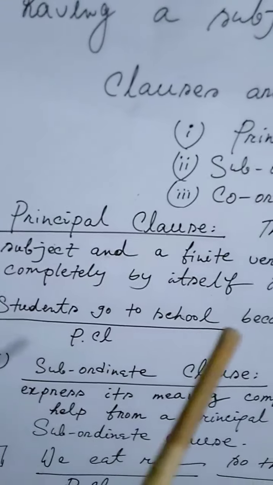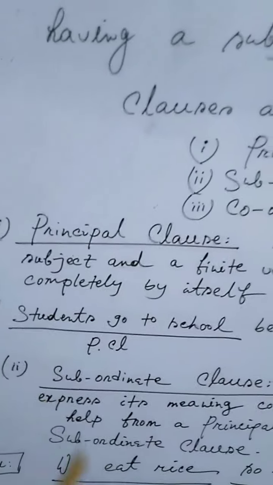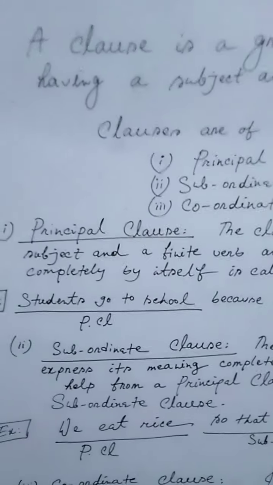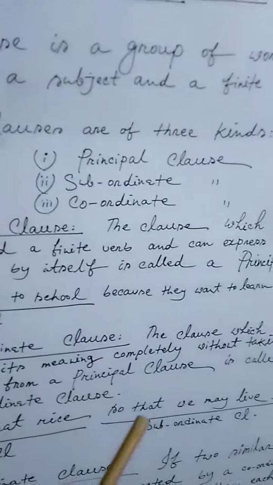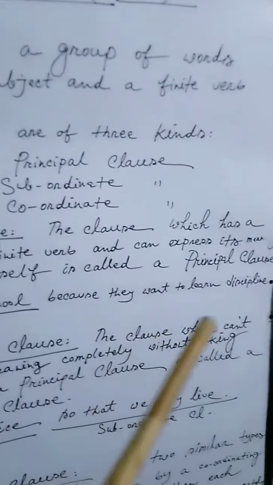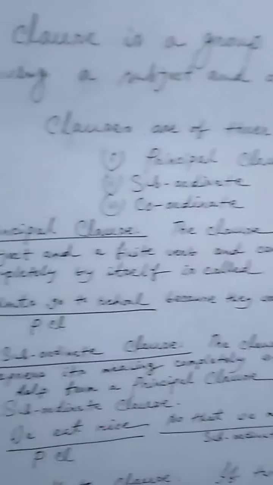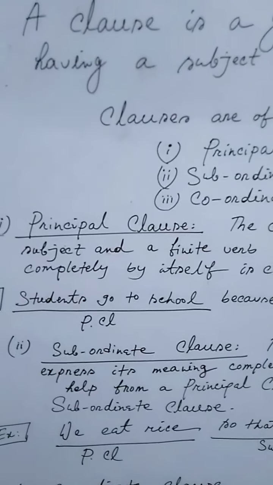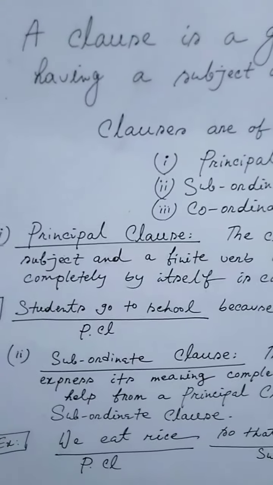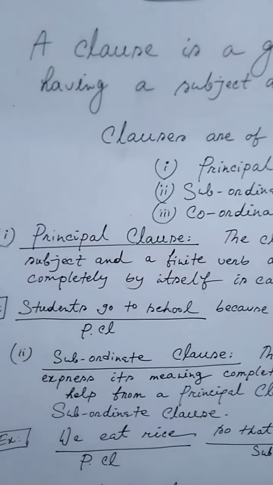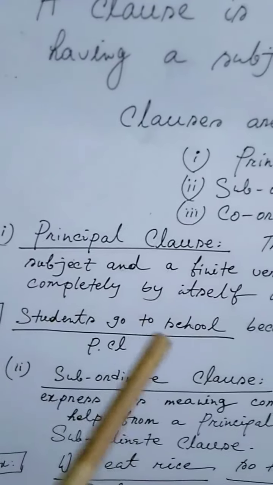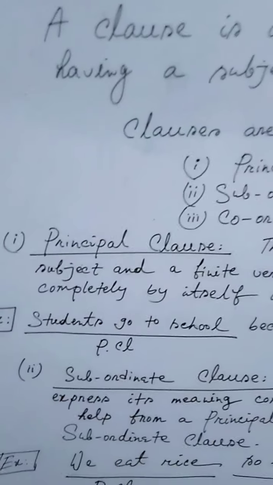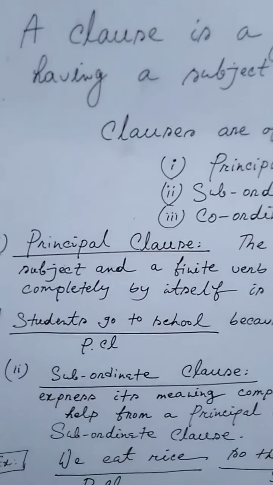That's why this part is called a clause, and this part is a principal clause, because if we detach this part from the sentence, it can complete its meaning by itself. Just you can say students go to school. So this is a clause, and it is a principal clause.